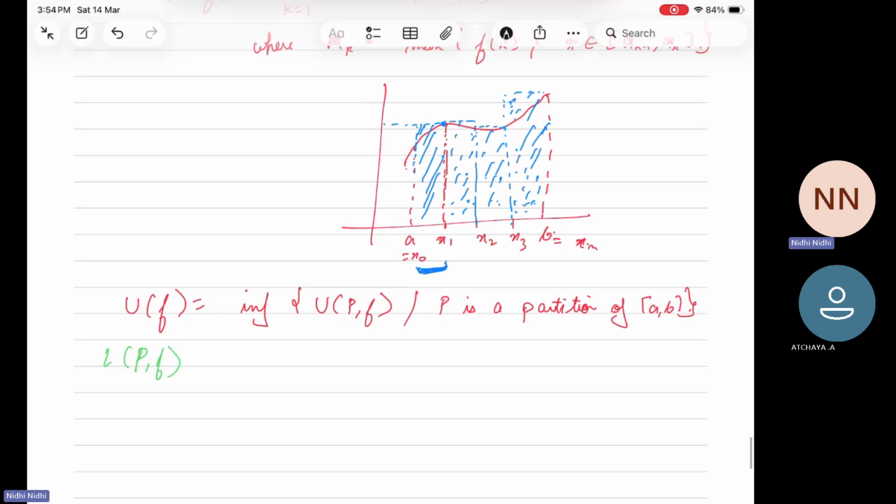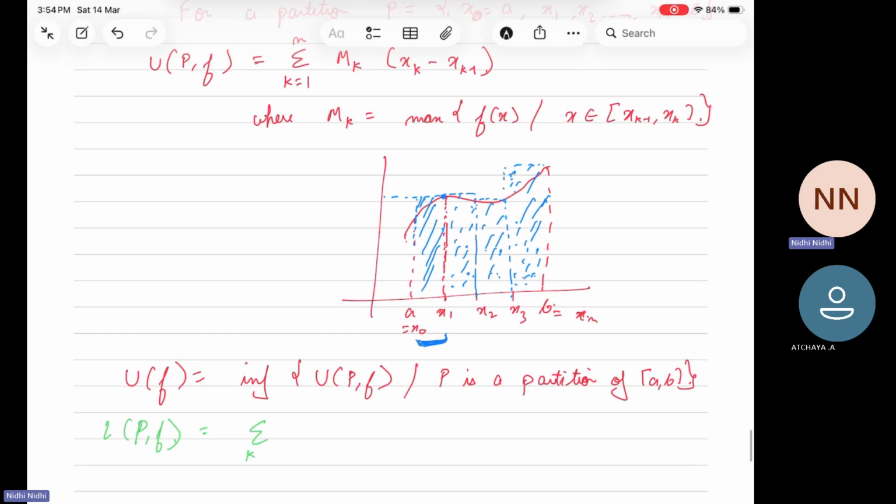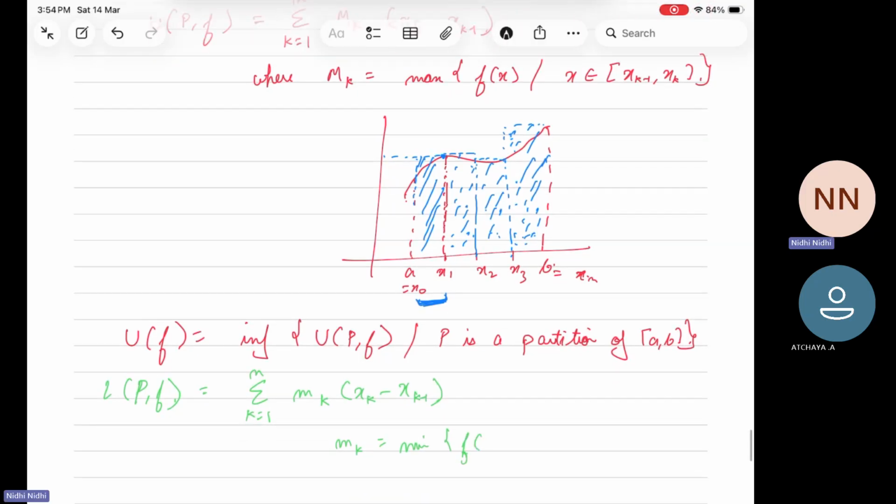LPF is nothing but the summation k from 1 to n, small m k times xk minus 1, where the small m k is the minimum value of the function f in the subinterval xk minus 1 to xk.